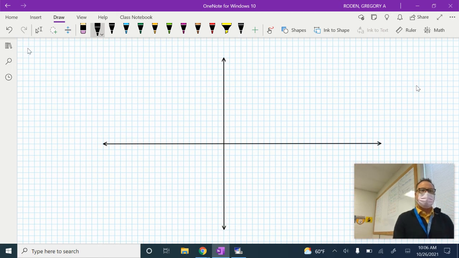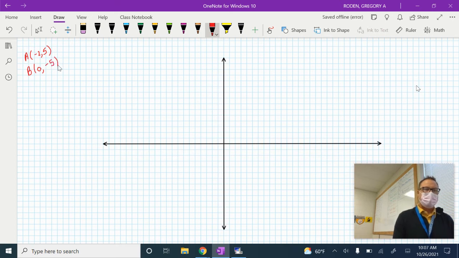So I'll just write them over here. Point A, I want you to graph the point -2, 5. Hopefully I have this correct and I didn't make a mistake. Point B, I want you to graph the point 0, -5.